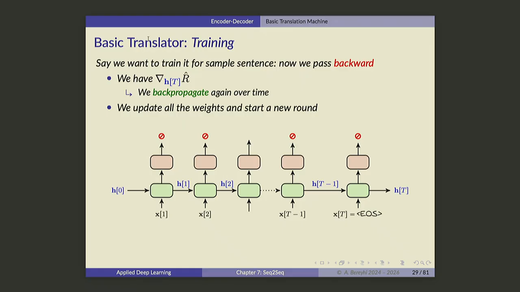Again, you can move all the way backward to compute all the gradients with respect to hidden states in between, and they are going to help you to compute the gradient with respect to all weights inside the encoder, right? You have the gradient at the encoder and decoder, you update all of them together, right? You repeat, you keep on repeating, and hopefully at some point your model starts to learn to map the right German sentence into the right English sentence. Make sense?